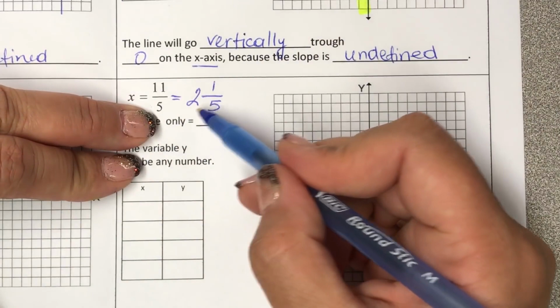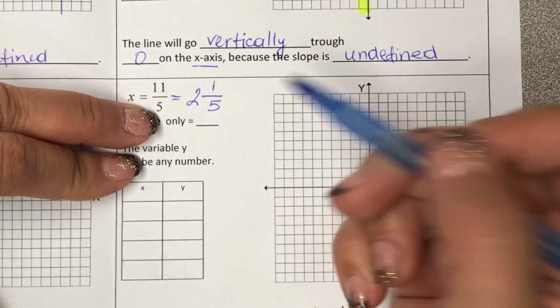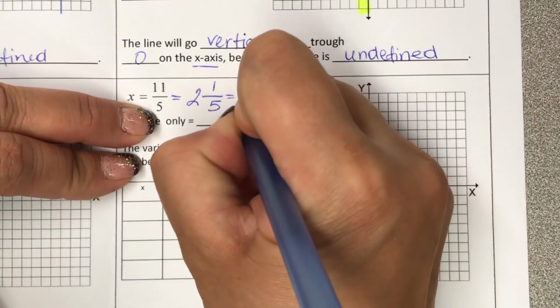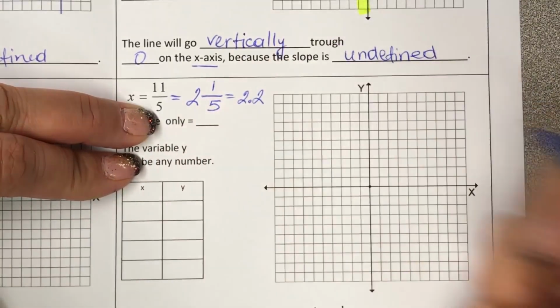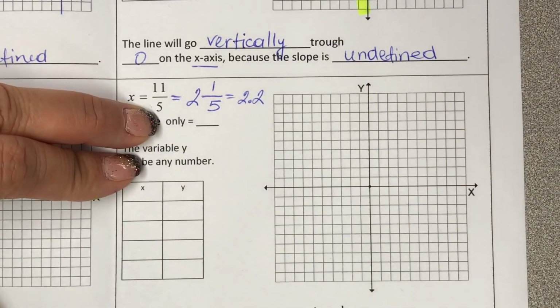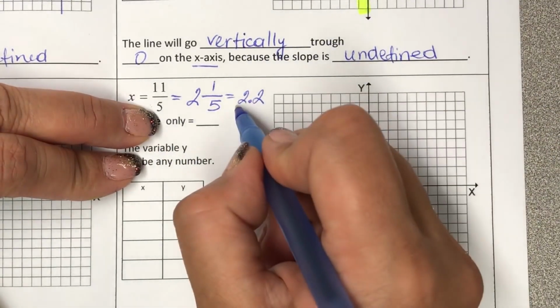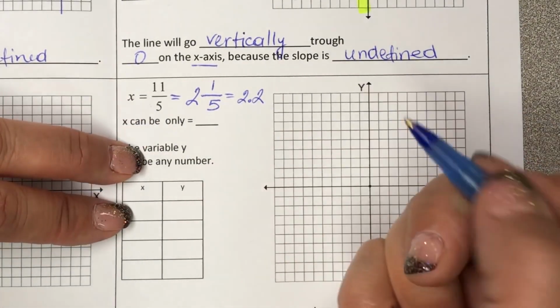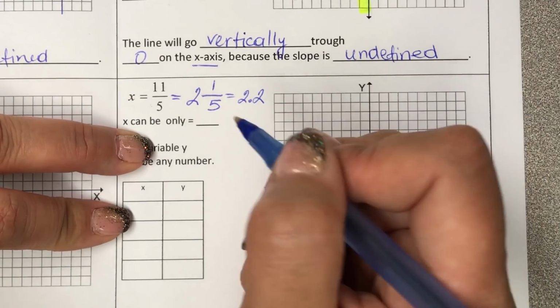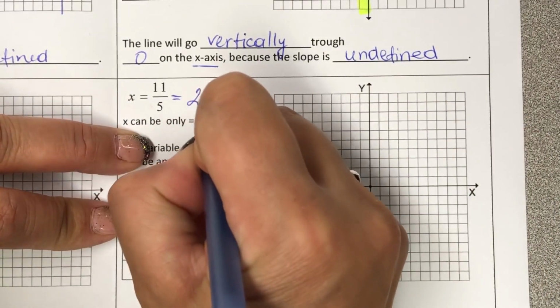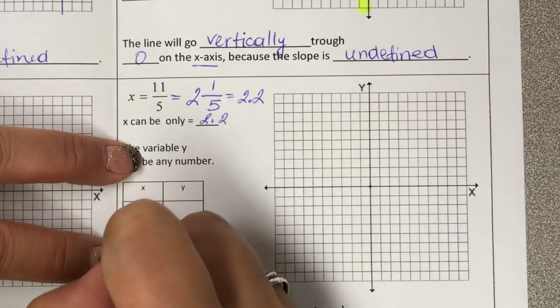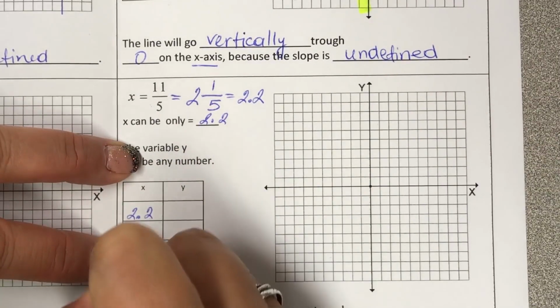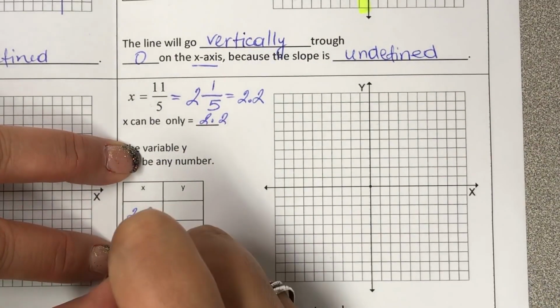So it's 2 full squares and 1/5 of a square. Or that can be changed to a decimal, 2.2, if we're using division. So that means 2 full squares and 0.2, or 1/5. When we graph, x can be only 2.2, or 2 1/5.